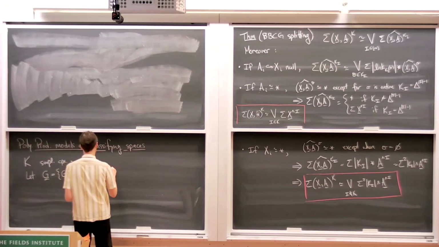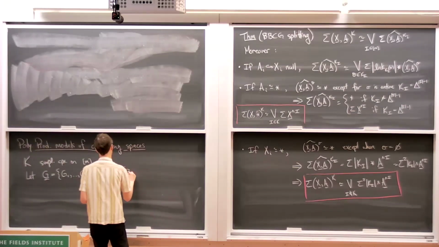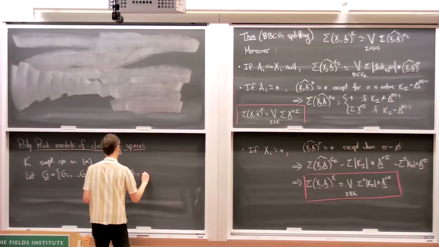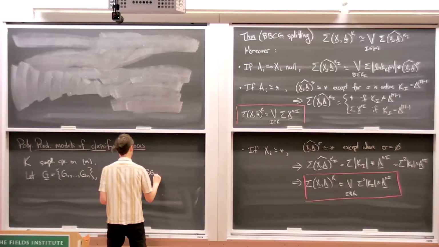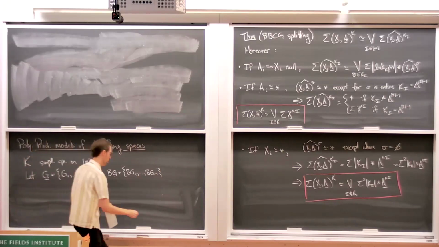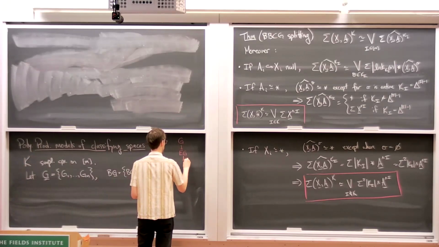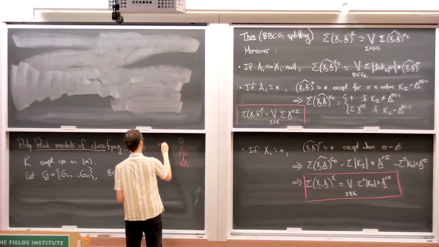And I'll also write things like B of G underline to mean the obvious sequence of classifying spaces, BG1 through BGM. And just recall EG, BG are the names of these spaces in the universal principal G bundle.